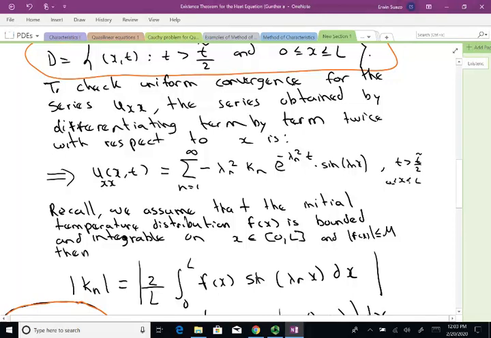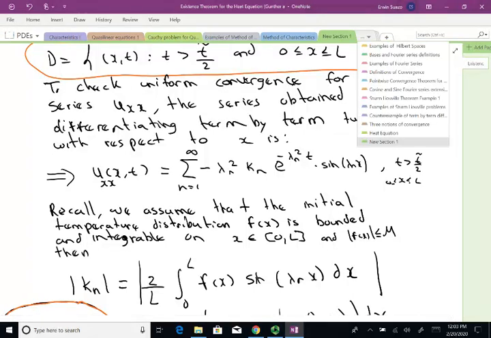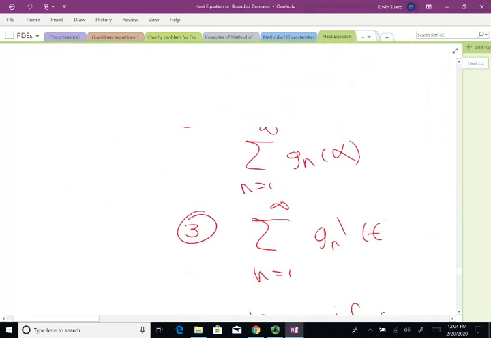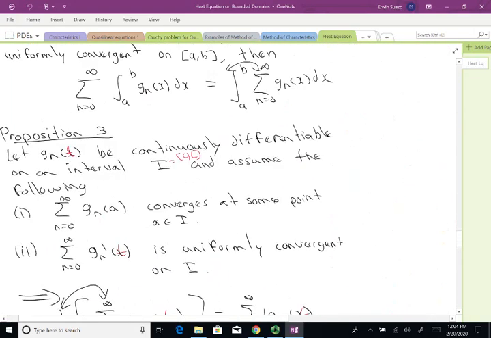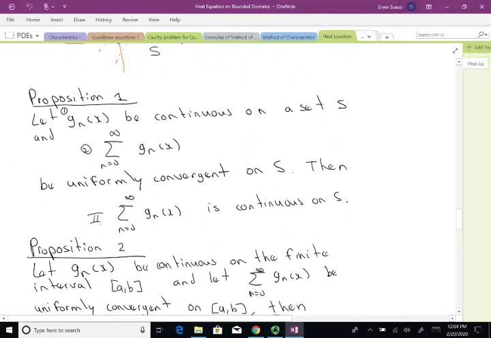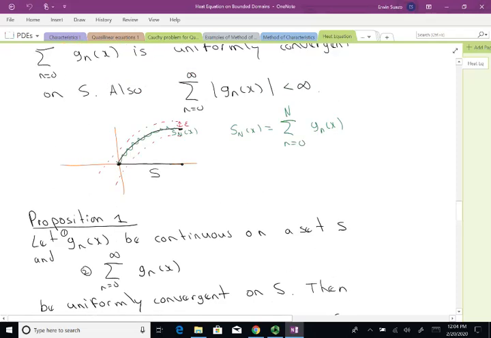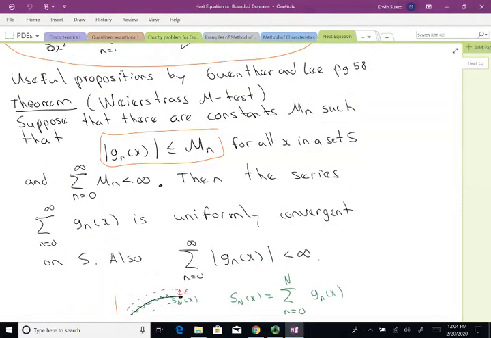I told you that the best way, not the only way, the best way to prove uniform convergence is using the Weierstrass M-test. So let's say we want to prove that the sum of g_n(x) is uniformly convergent. We need to make this less or equal than M sub n and prove that that series is convergent. Okay.